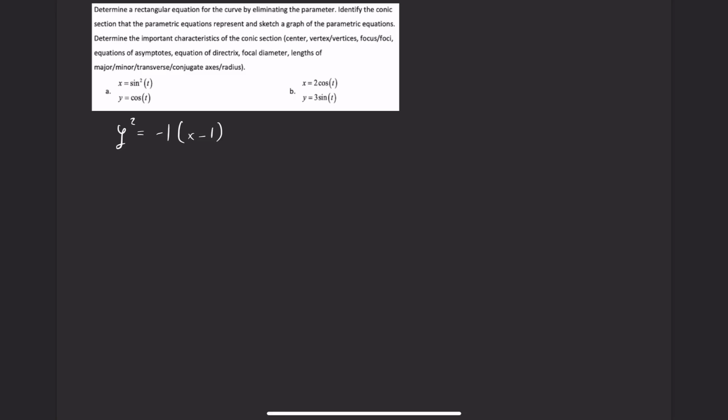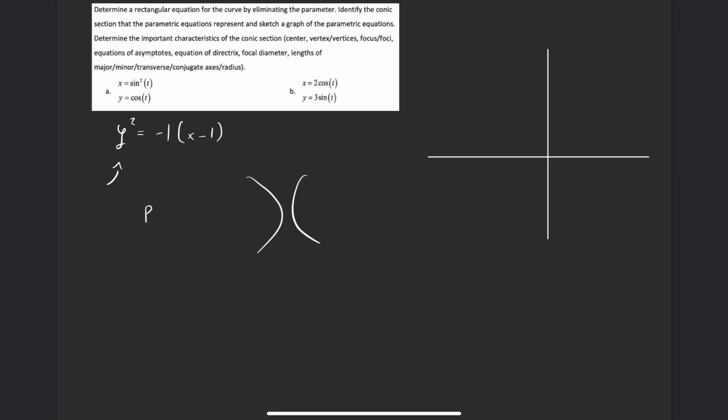Okay, so now let's determine all of the characteristics. To start, let's identify what way this parabola will open. So here's our little grid. Now we know that if we have a y squared instead of an x squared, it's going to open left or right. Now what side will it open?